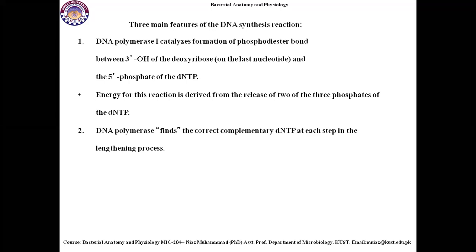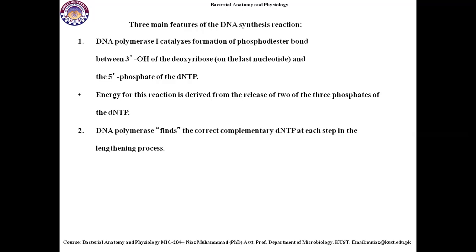When new nucleotides are binding with the growing DNA, this process is monitored by DNA polymerase enzymes, which make sure that the correct dNTP will bind with the existing nucleotide.